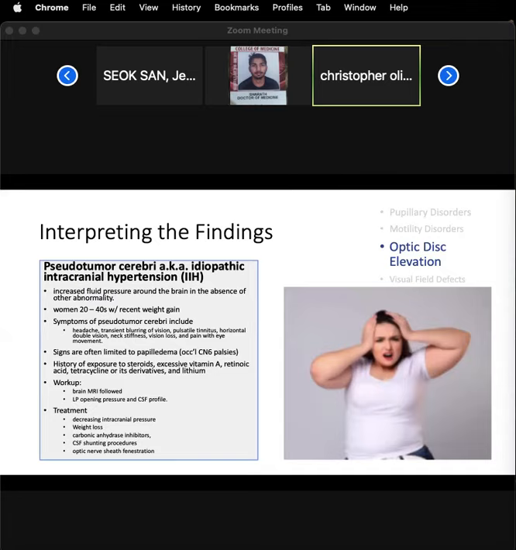Yeah, diagnostic yung LP, lumbar puncture, and at the same time therapeutic. Kasi yun, the treatment is actually decreasing the intracranial pressure. Of course, you ask the patient to do weight loss. You can give carbonic anhydrase inhibitors, CSF shunting procedures, and surgery.